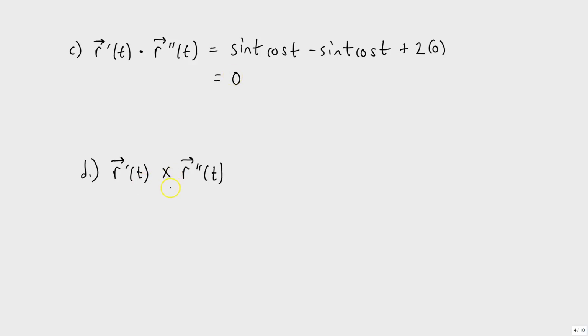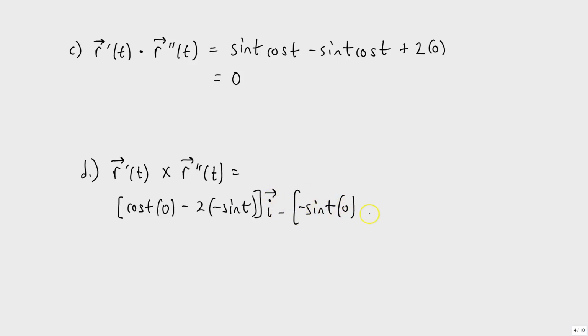What if we do the cross product of the first derivative and second derivative? Let's see. That would be cosine t times 0 minus 2 times negative sine t, times i, minus negative sine t times 0, 2 times negative sine t. No, I think I grabbed the wrong one there.